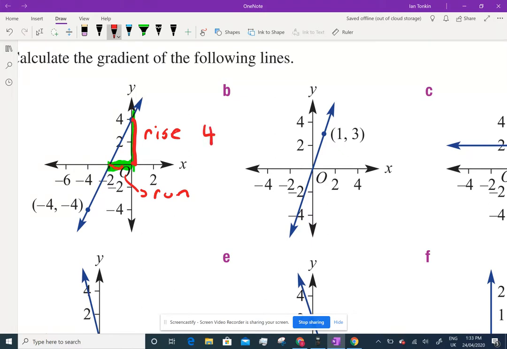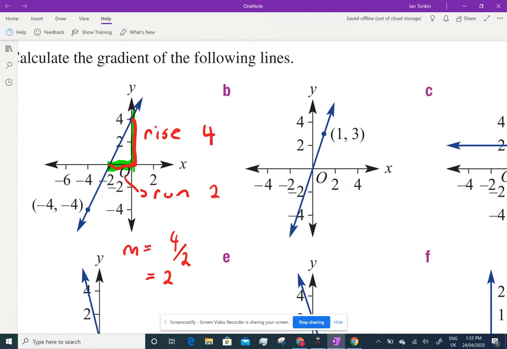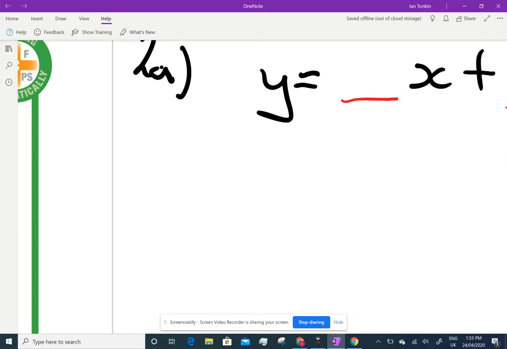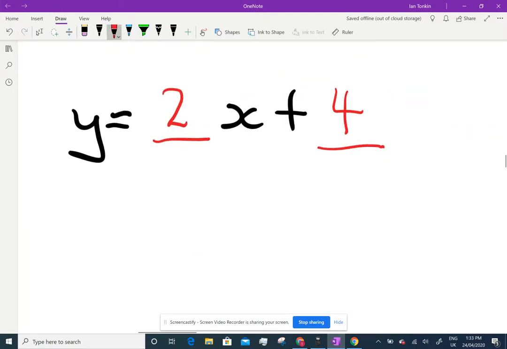And what is the value from here to here? Well, that's 2. So the gradient is 4 over 2. So m equals 4 over 2, which equals 2. So I go back and I write 2. And the equation is 2x plus 4.